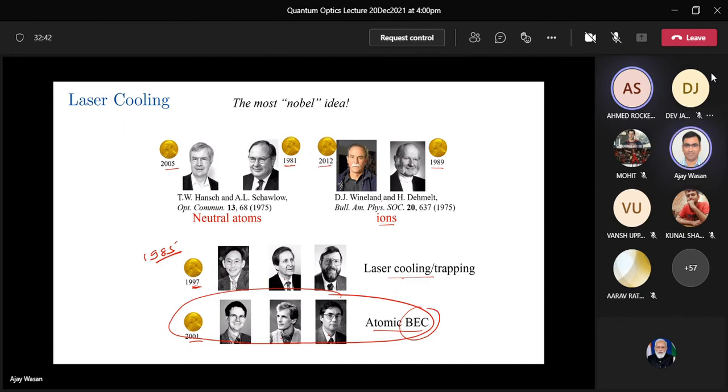That depends upon what you are doing in these experiments against nature, because nature doesn't provide you 10 to the power minus 12 torr vacuum. These experiments cannot reach T equal to 0, the ideal condition.